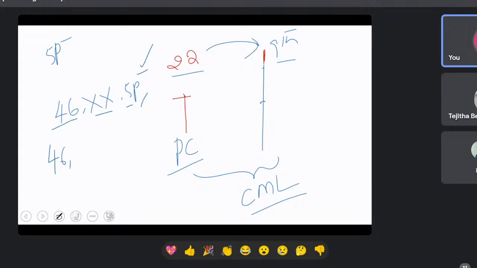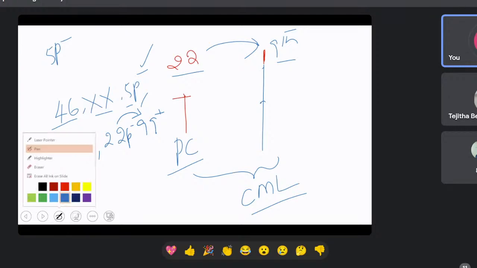Likewise here 46 XX, 22nd chromosome, 9th chromosome, and we show an arrow. That means a small segment from 22nd chromosome is transferred to the 9th chromosome. If it is transferred from the short arm, minus, to the long arm of 9th chromosome, we have to show this like this, 9q plus.